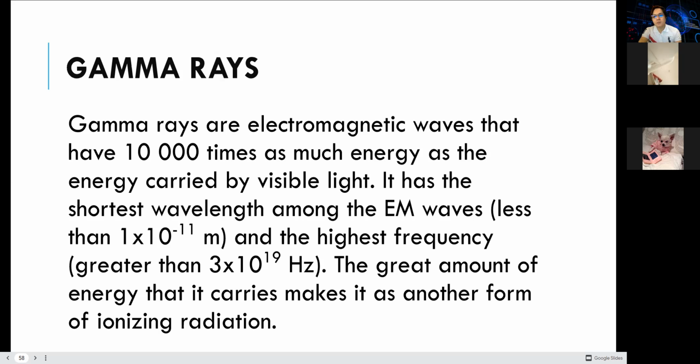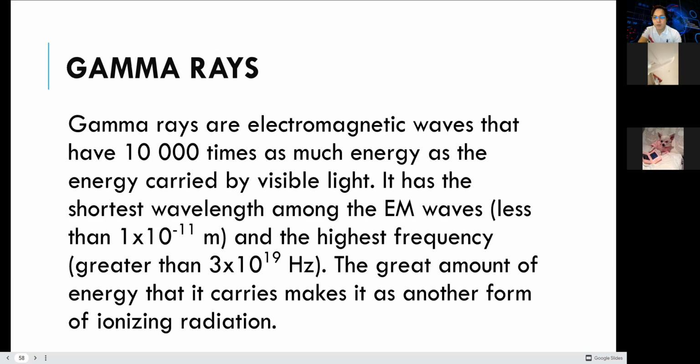Gamma rays are electromagnetic waves that have 10,000 times as much energy as the energy carried by the visible light. See? It has the shortest wavelength. So meaning to say, if it is short, it is the strongest.